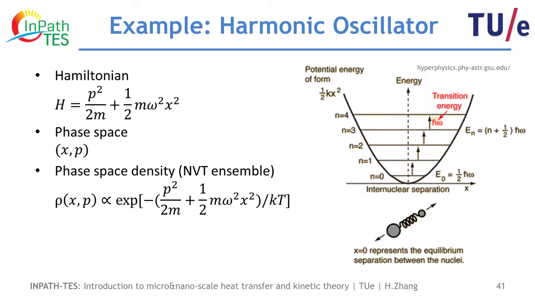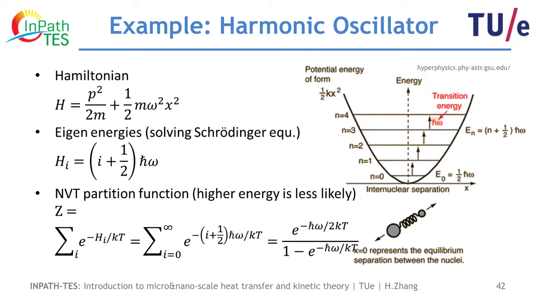In an NVT ensemble, recall its definition, it means the harmonic oscillator is in thermal equilibrium with an external heat bath at temperature T. So this means the oscillator can oscillate at any energy level, and it can jump between different energy levels as far as its statistical average is at temperature T. The phase space density in this case is proportional to the exponential of negative Hamiltonian over kT.